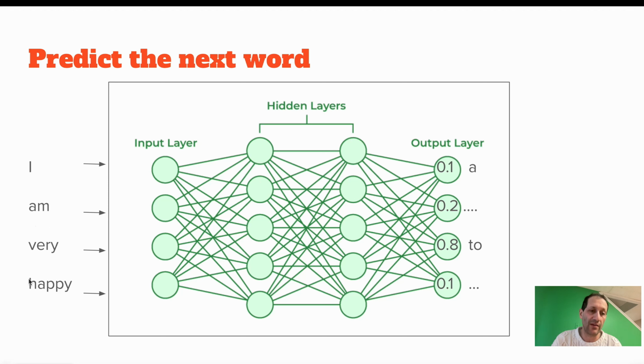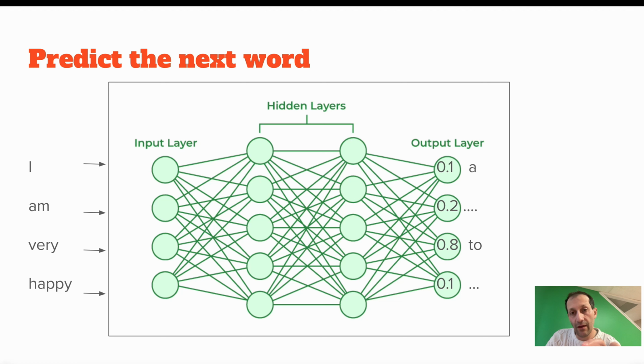Say, I am very happy, and it's going to predict the next word, which is to, like to meet you or something. All of this text, after some data processing that we'll talk about, is fed into the input layer of neural net. The neural net has a bunch of hidden layers, but there is this one output layer with a bunch of neurons. It has as many neurons as you have words in your vocabulary.